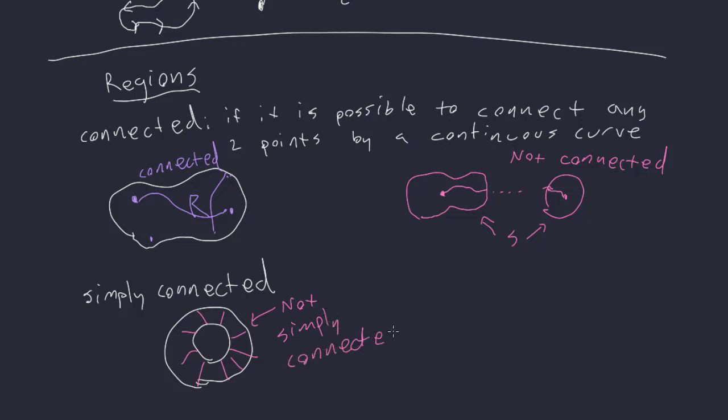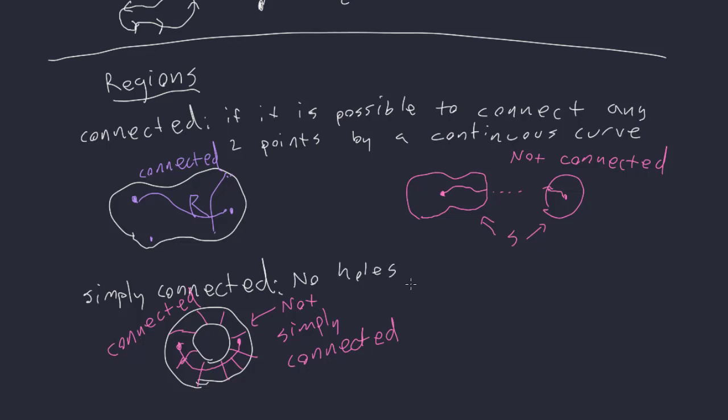It is connected, but it's not simply connected because between any two connected points, we can make a continuous path that would connect them, but there's a hole. So basically, simply connected means no holes in the region.